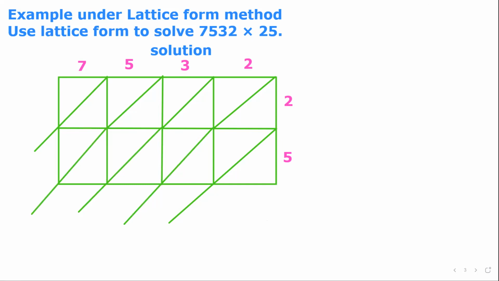So for the boxes that we have divided into two, the first part here is used to record the tens of the numbers, and here also records the ones of the numbers. The tens, ones, tens, ones, tens, ones, tens, ones, tens and the ones, tens and the ones. Okay, good.